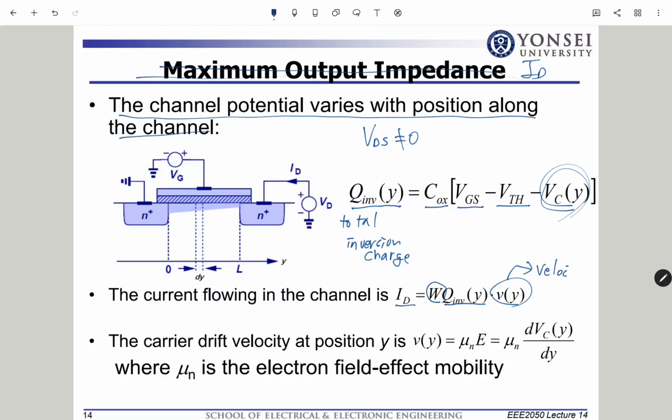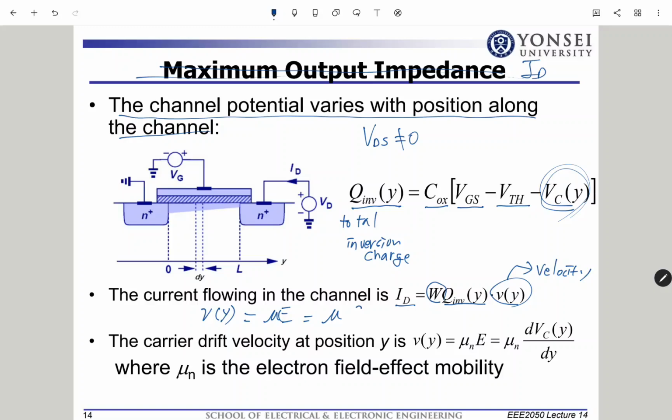v of Y, the velocity of the carrier. This is not voltage. The velocity, which you have learned in chapter 2, is equal to what? You tell me. In silicon, mu times E. Yes, mu times E. You're true Yonsei genius. What is the electric field?